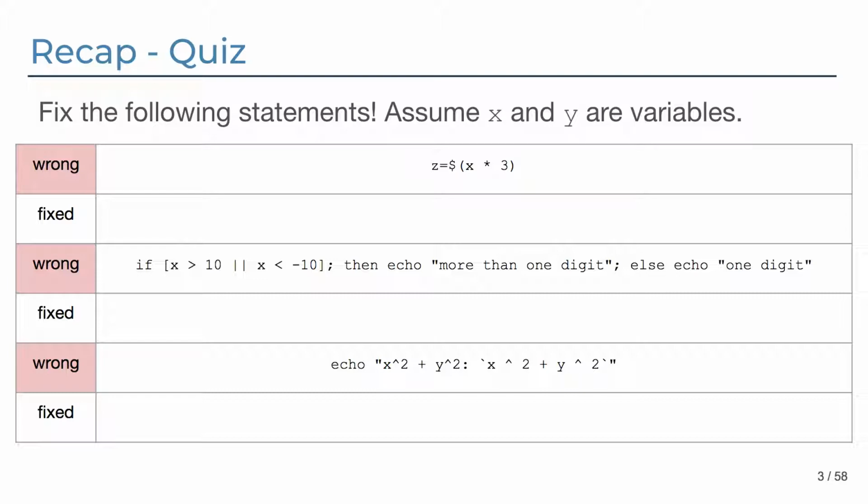Yeah, exactly. Fixed. Yes, or should be double brackets. With double brackets, I don't think you need spaces in front of it because it's not like a command. Wait, so what? Yeah, I think this.